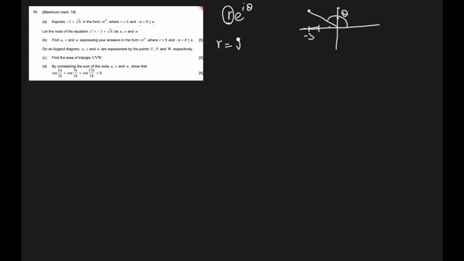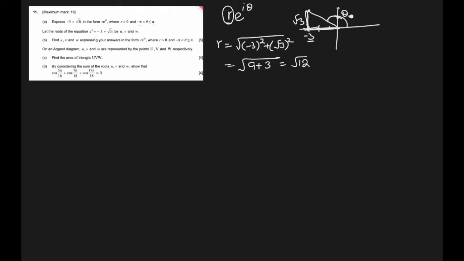r will be the square root of minus 3 squared, the real part squared, plus the imaginary part squared. So it will be how much? 9 plus 3, which is square root 12. What about this theta? We know this is minus 3, so this length is 3 and this length is square root 3.